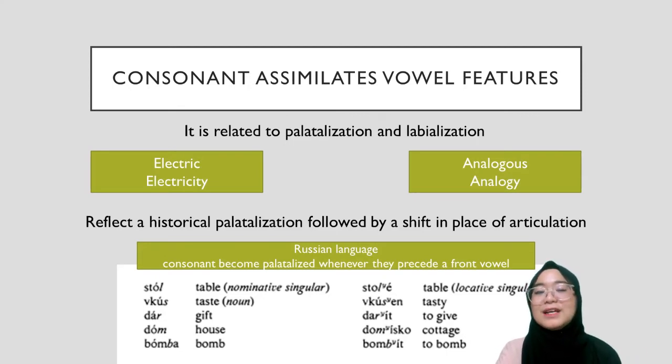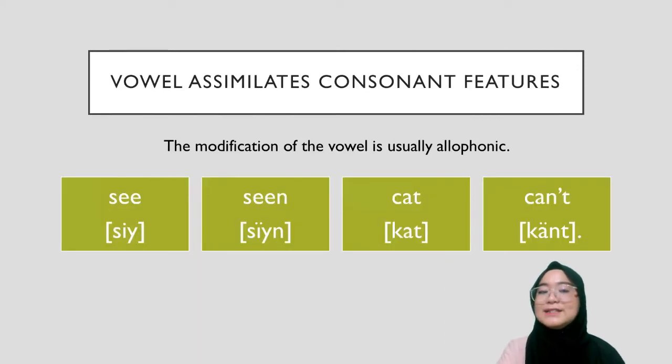It reflects a historical palatalization followed by a shift in place of articulation. Furthermore, you can check the Russian language, because in Russian it is easier to find this kind of consonant assimilates vowel feature.